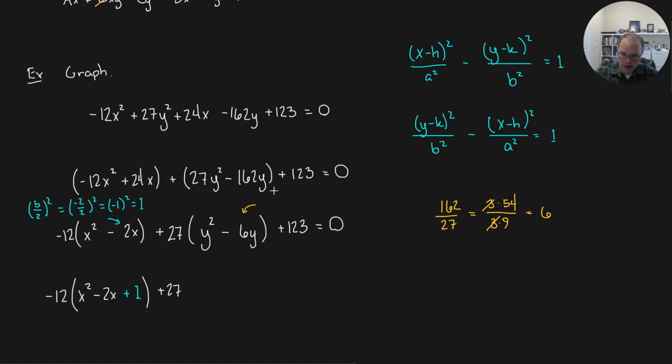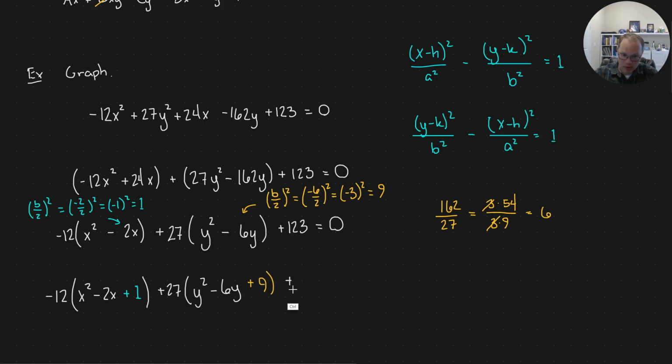Same thing over here: b over 2 squared. This b is negative 6, so I need to add a 9. So y squared minus 6y plus 9.